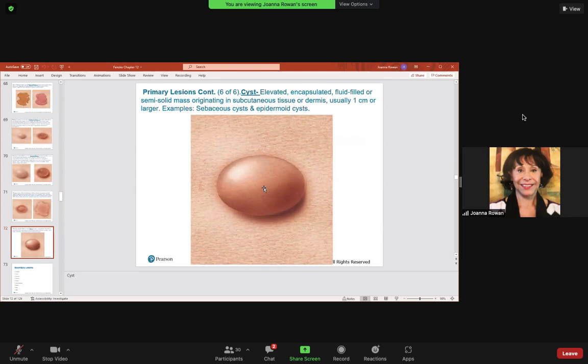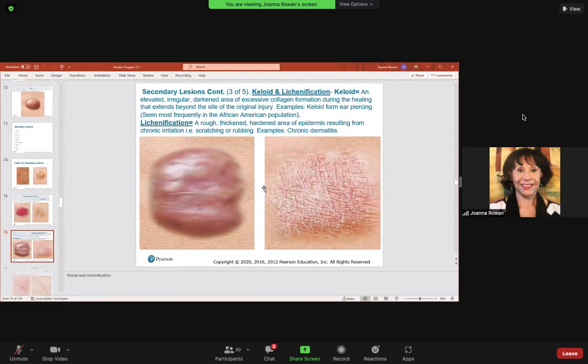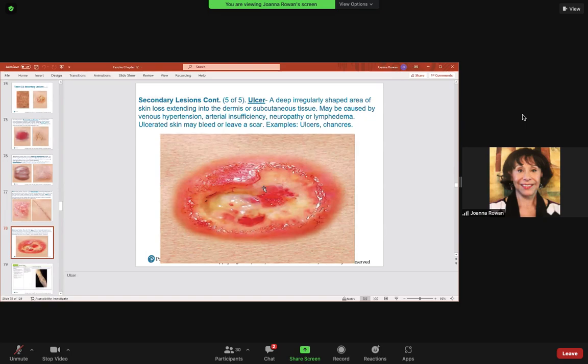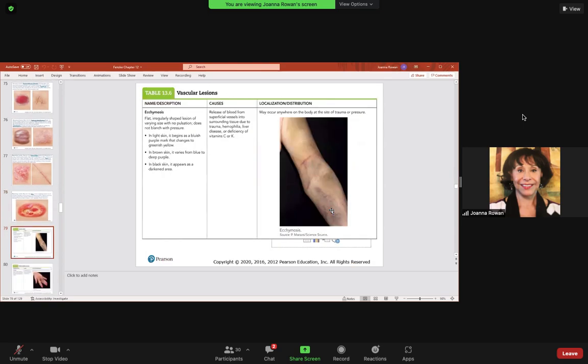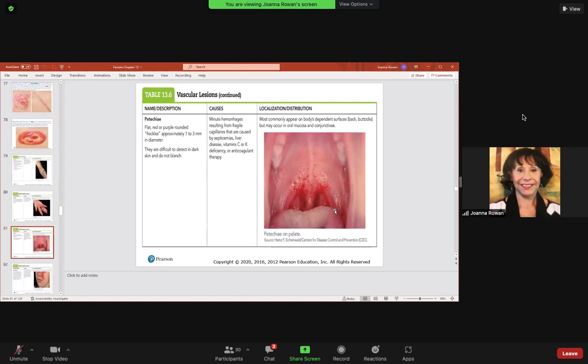And a cyst, no keloid and lichenification. Ulcer. And a hematoma. Here you see a hematoma. Petechia, see on the roof of the mouth, those little spots that you see.